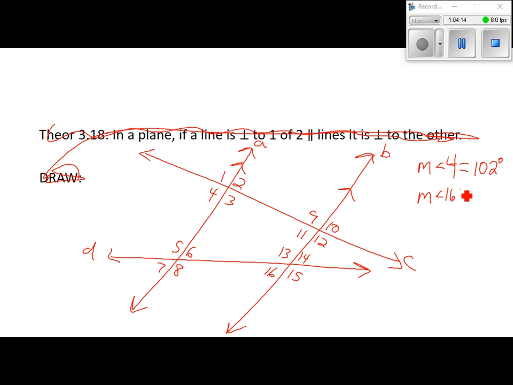And the measure of angle 16 is 73 degrees. Write that on your paper there somewhere.